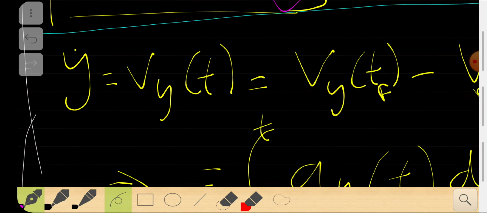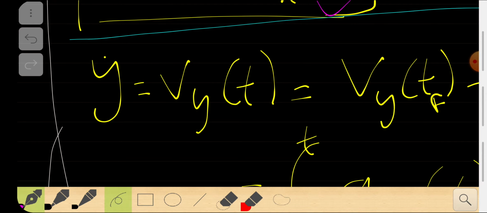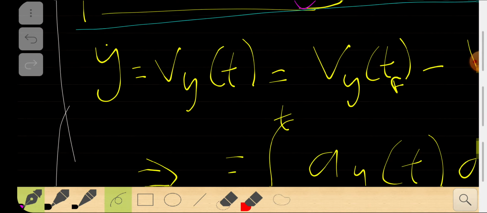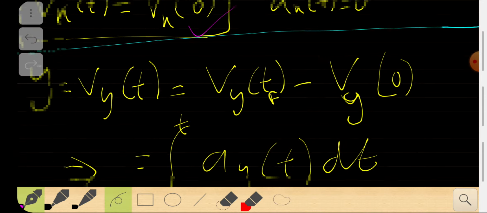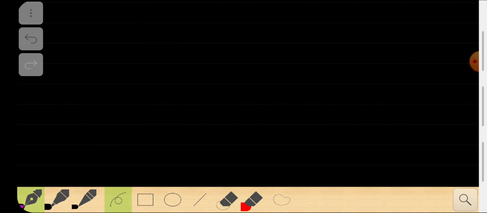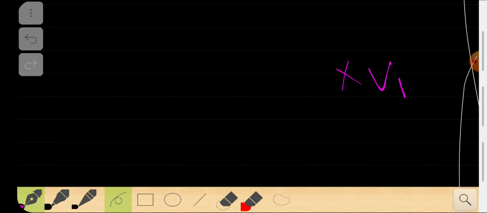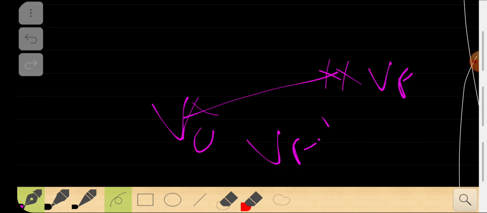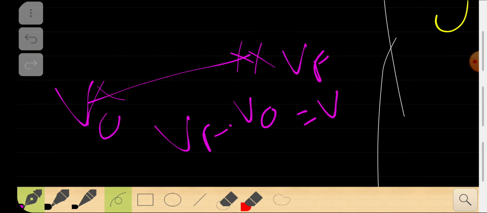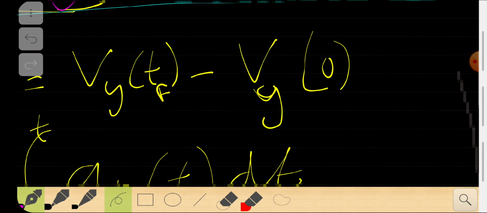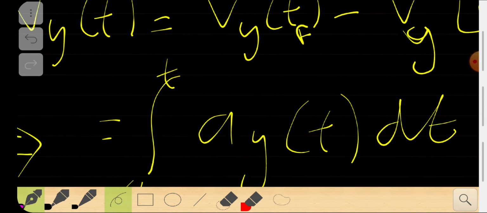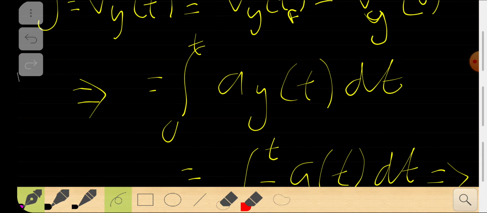Now in terms of the y-axis, y dot will be equal to vy of t. So vy of t final minus vy of 0 will be the integral from 0 to t of ay of t times dt.